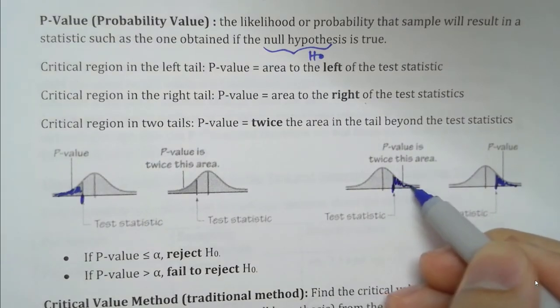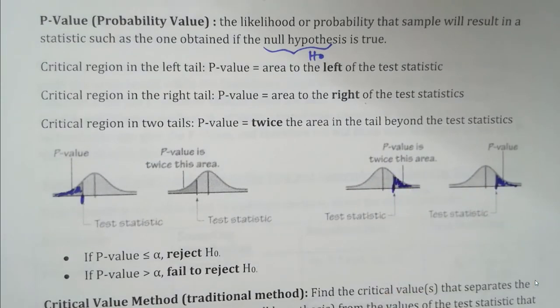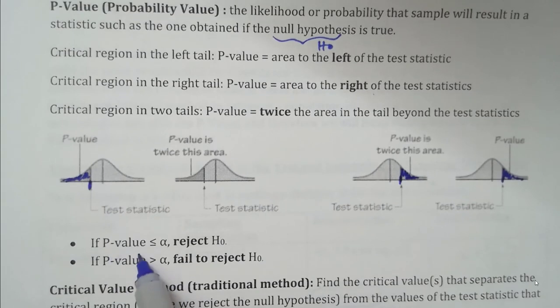Double. Twice. Now, if the p-value is less than or equal to alpha, alpha is the type 1 error, we reject the null hypothesis when it is true. Right? If the p-value is less than or equal to that alpha, then we reject the null hypothesis. If the p-value is bigger than alpha, we fail to reject the null hypothesis.